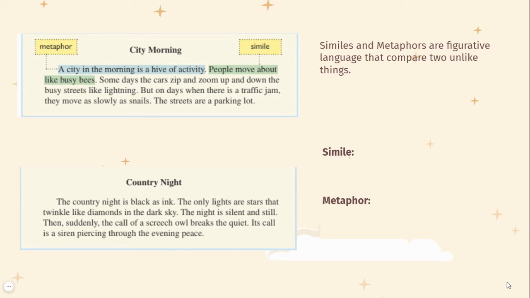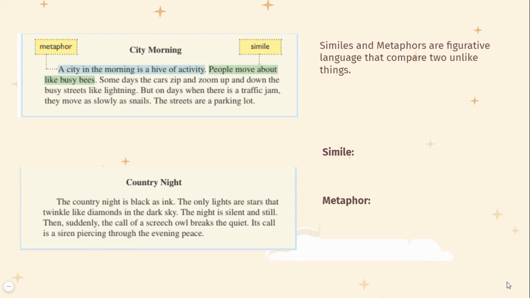Now let's read "Country Night." Can you identify any similes or metaphors? Follow along. The country night is black as ink. The only lights are stars that twinkle like diamonds in the dark sky.